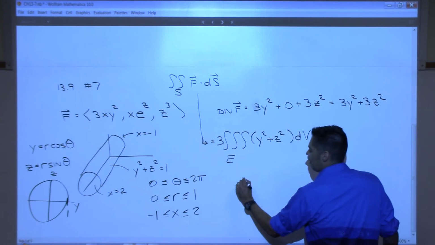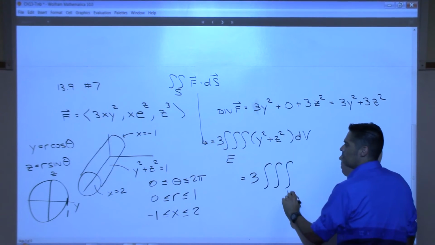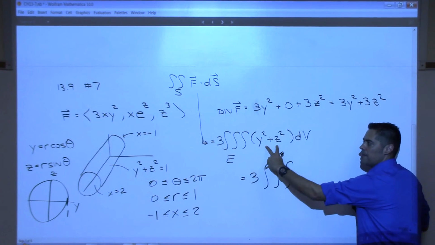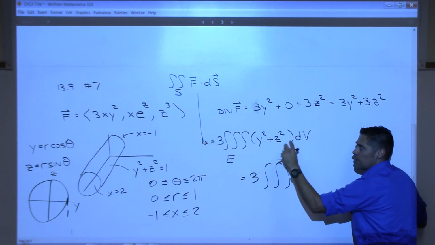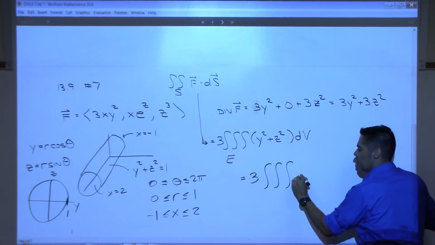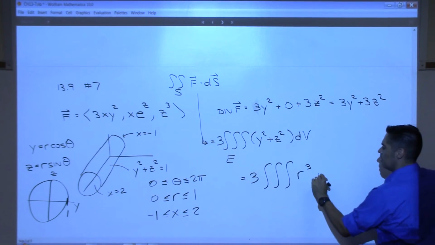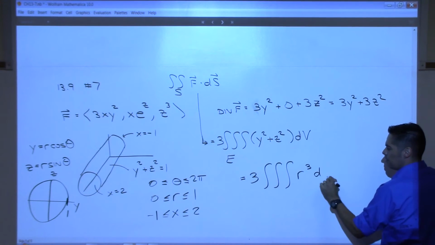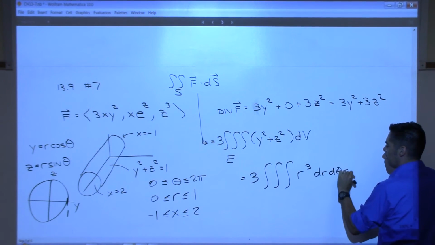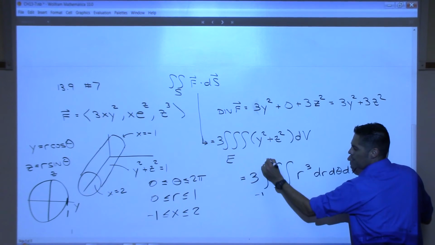So now this becomes 3 triple integral. This is actually r squared because of the Pythagorean, times r because we did a conversion. So it's really what? R cubed. Does the order matter here? No. So r, theta, x, okay with you? x goes negative 1 to 2, sorry.